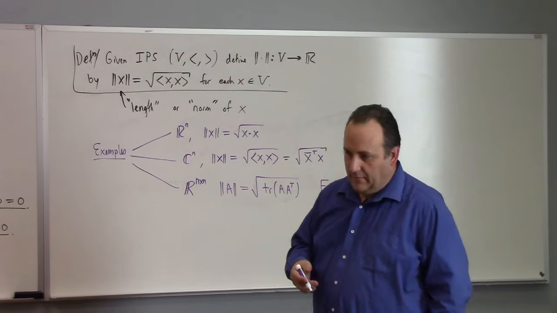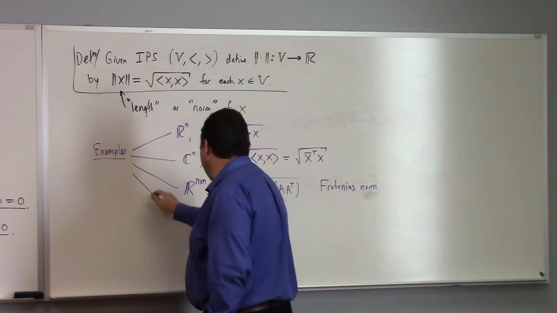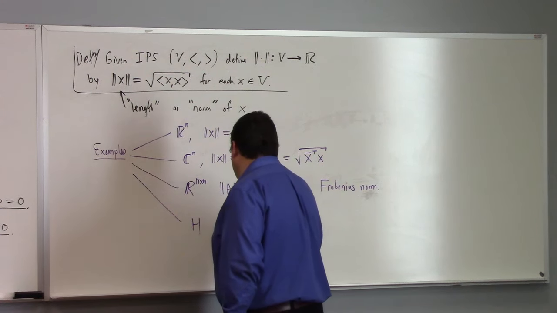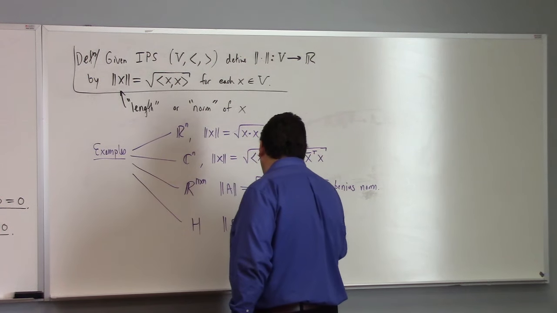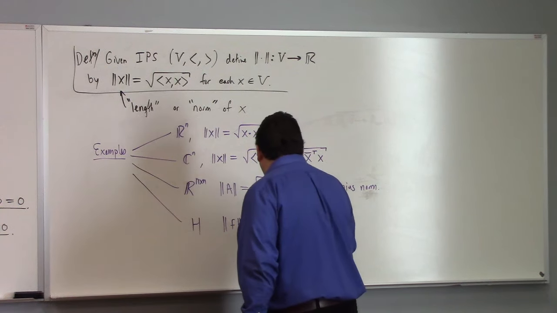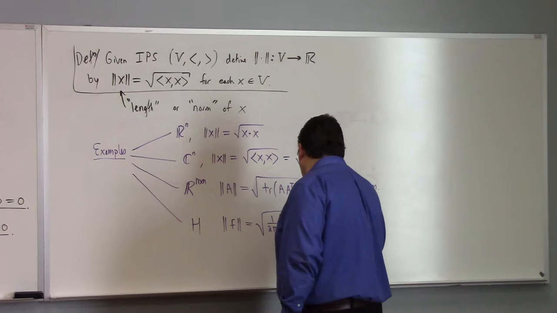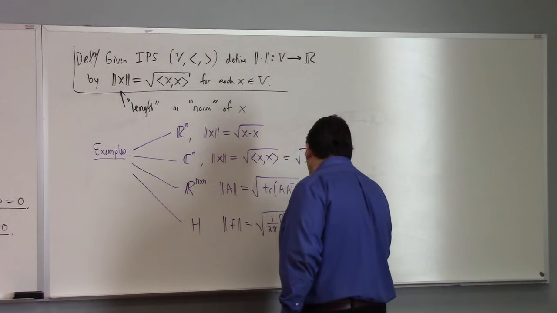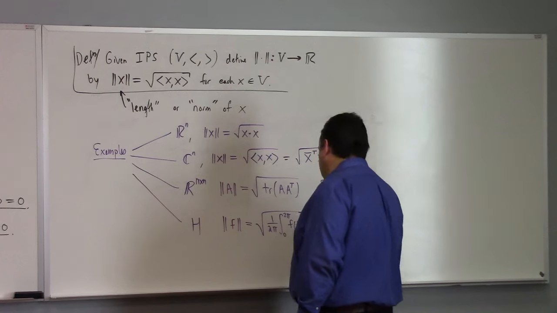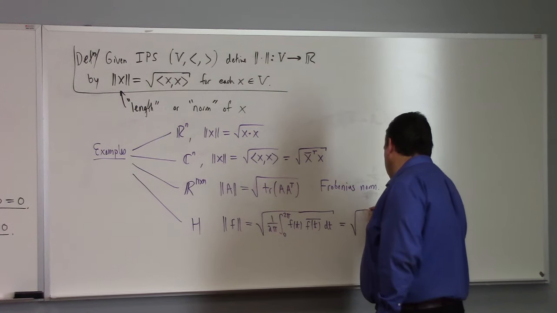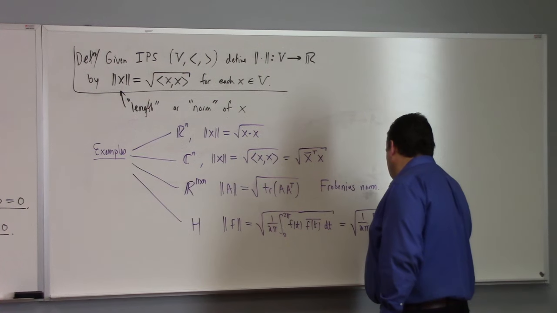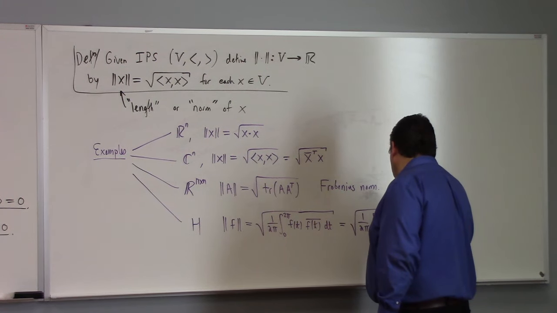Sorry. Perhaps more interestingly, on H, the length of the complex function would be the square root of 1 over 2 pi, the integral from 0 to 2 pi of f of t times the complex conjugate of f of t dt, which you could write in terms of the modulus of complex numbers. You could write that as 1 over 2 pi, the integral from 0 to 2 pi of the modulus squared of f dt.